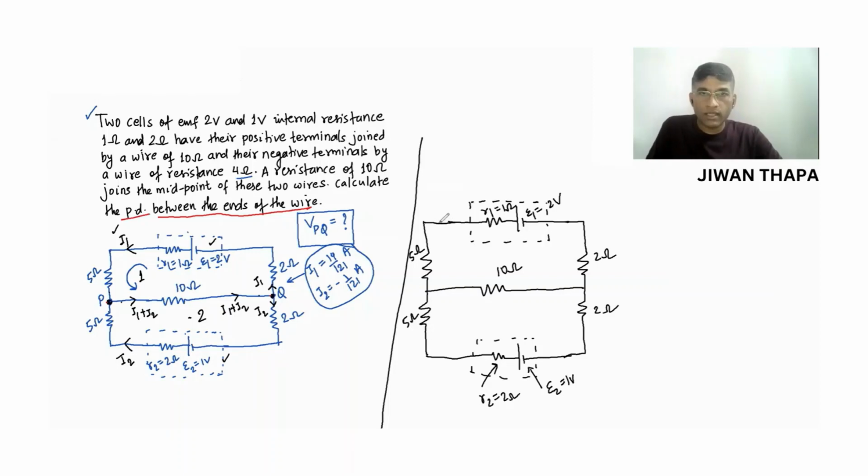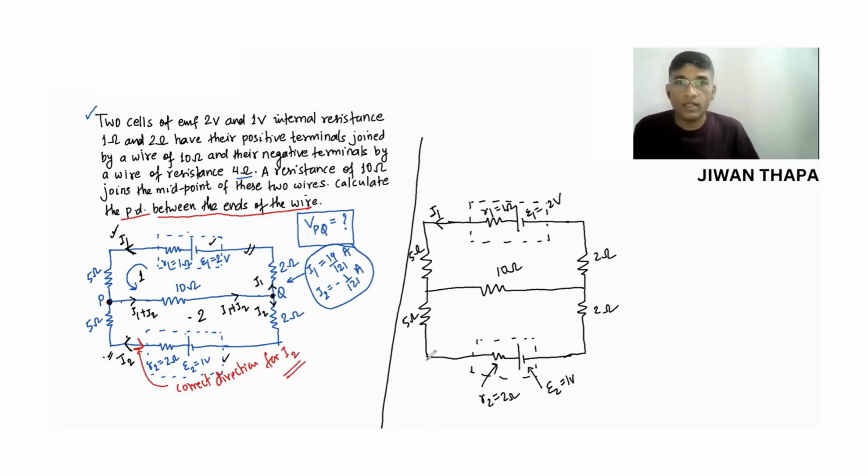Let's say this is current I1. So we have solved this circuit by taking I1 and I2 in this direction: I1 along this direction, I2 along this direction, and what we find, I2 is negative. It means that the correct direction for I2 must be opposite to the direction chosen. So I'm indicating in this way with the red ink. This is the correct direction for I2.